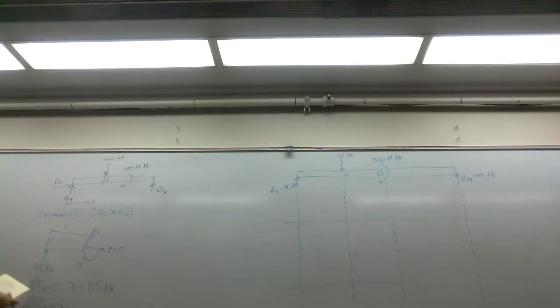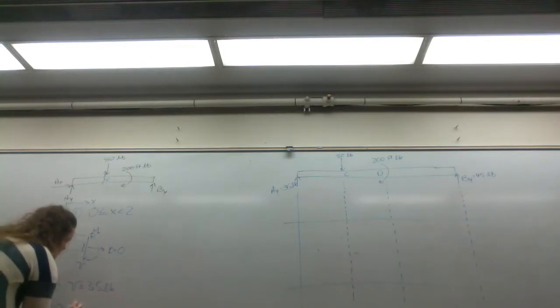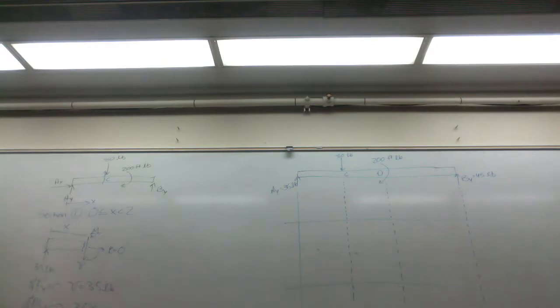Okay, so to sum the moments at the cut, I get negative 35x. Right. This is negative because it's applying a clockwise rotation, and it is an x distance away from the cut. I'm not at 2, because I cut it directly right before it, and we need to describe how that moment changes as a function of x.